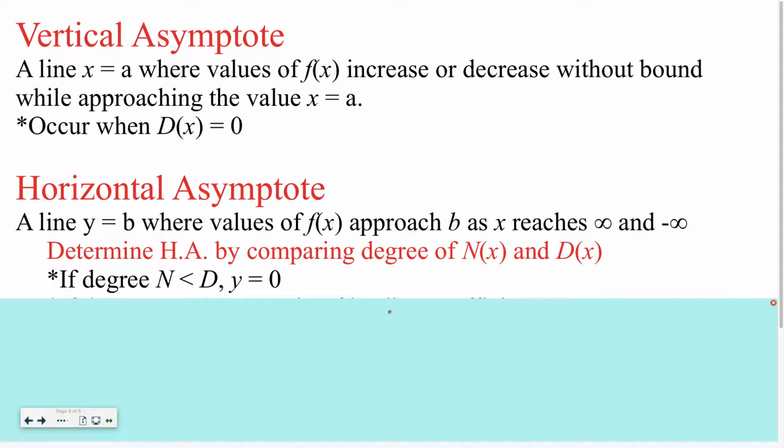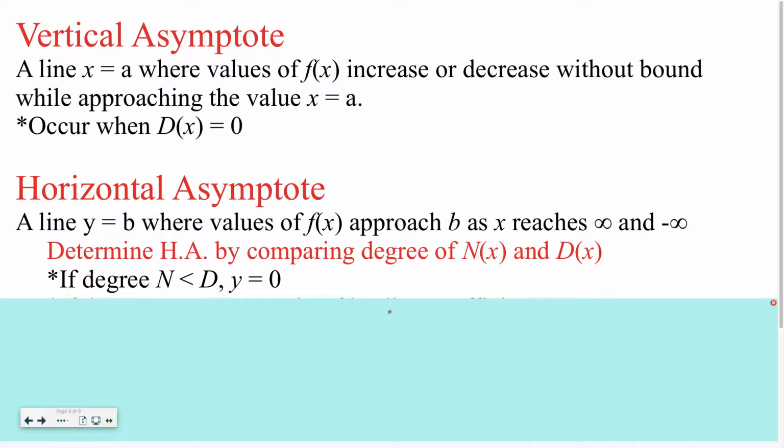And if your denominator continues to be larger and larger and larger, and it grows faster than your numerator, then your fraction as a whole is going to shrink and shrink and shrink all the way to 0. So if the denominator has a larger degree, y equals 0, no matter what.